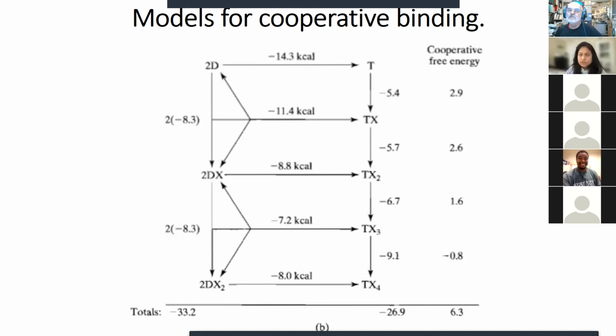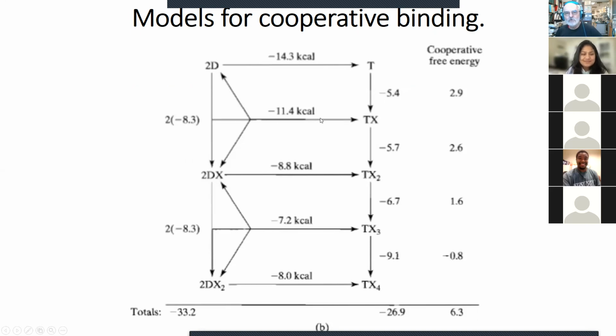Let me finish with this one statement. Each one of these boxes is what's called a thermodynamic cycle. Okay, so each box is a thermodynamic cycle. Notice minus 14.3 and minus 5.4, that's 19.6, 19.7, if I can do the math.